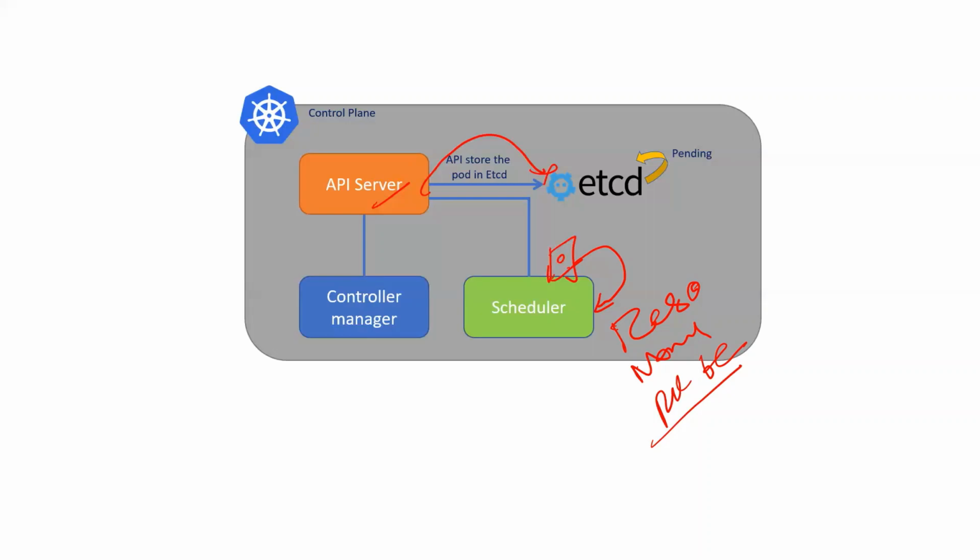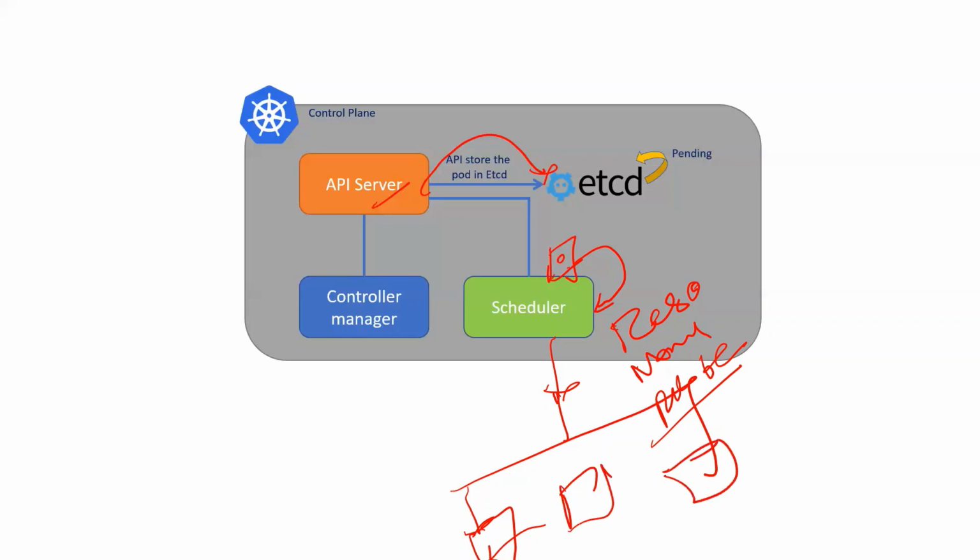Then the scheduler identifies the proper node to assign this pod. Let's say you have a 3 node cluster: node 1, node 2, and node 3. As per the round robin algorithm, the cluster assigns the pods.